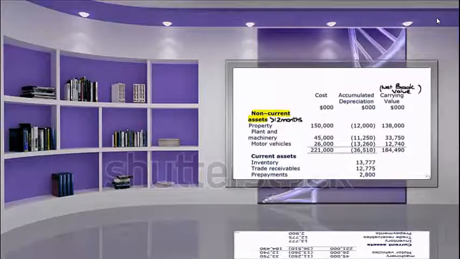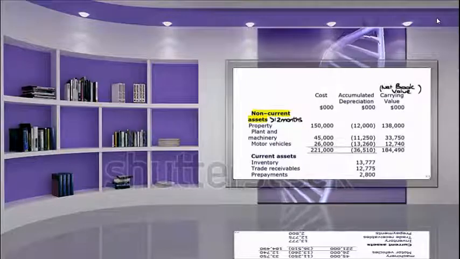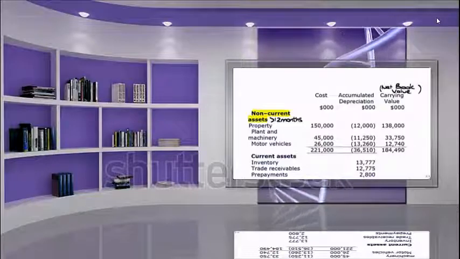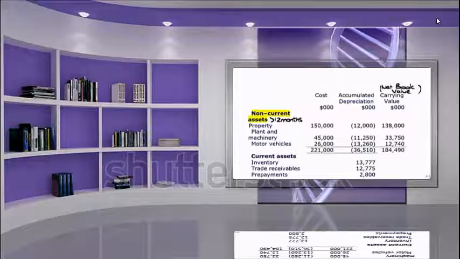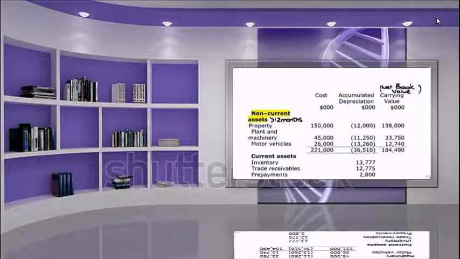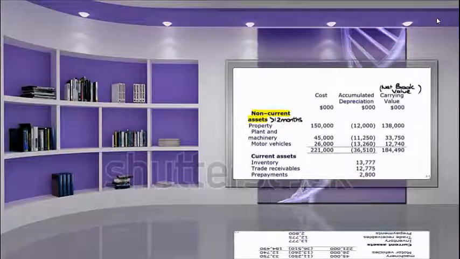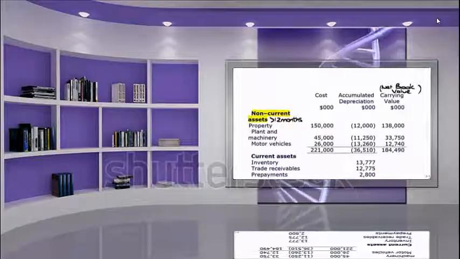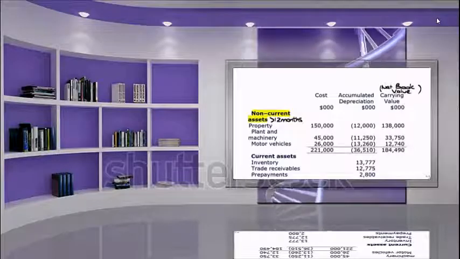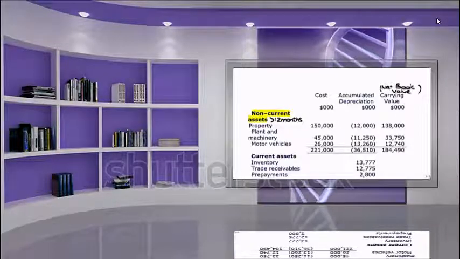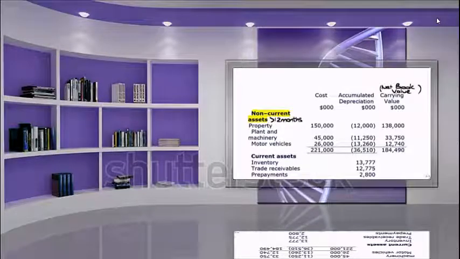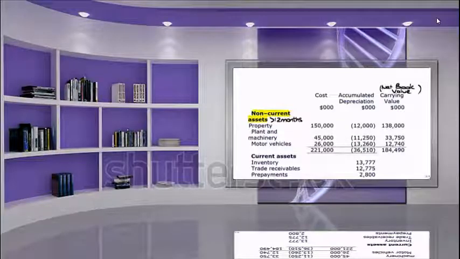Now, with property and buildings, it's generally accepted that we're going to keep that for more than one accounting period, a long-term asset. So when we record our property, and for the time being we'll just think of it as buildings, we're going to record it at our original cost. So the original cost to the business, the physical price I paid to acquire that asset. So we can see here that would be 150,000, okay, or 150 million.